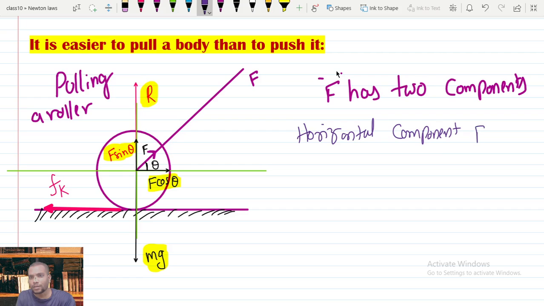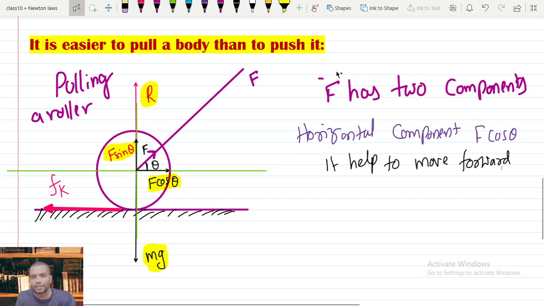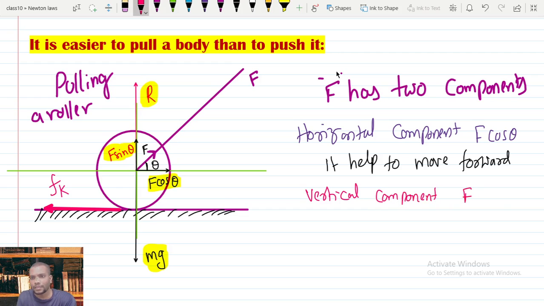This component helps us to move forward. The second is the vertical component, F sin theta, which acts in the upward direction.